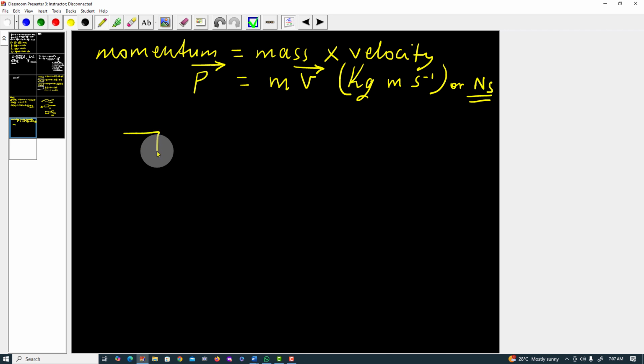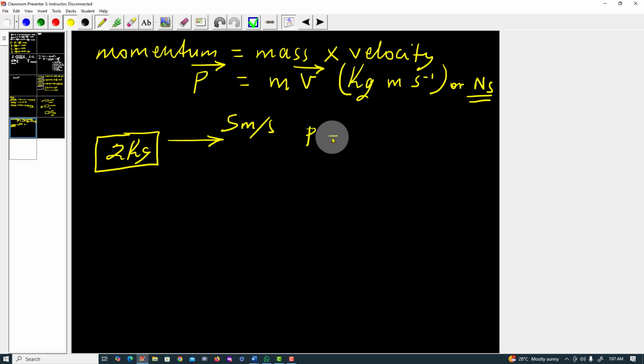For example, if you're given an object of 2 kilograms moving to the right with a speed of 5 meters per second, then the momentum of this object is 2 kilograms times 5 meters per second, and you are going to find that it is 10 Newton seconds to the right, or 10 kilograms meter per second to the right.